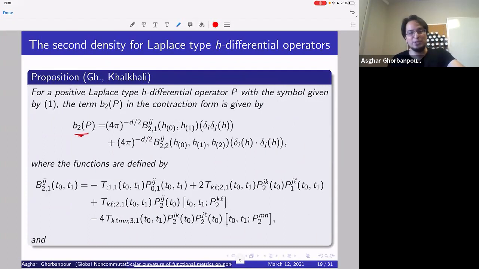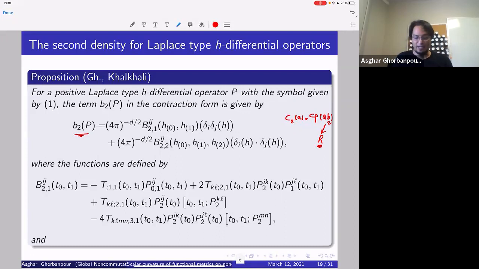So B2, remember that B2 was the second term in the expansion. Remember that phi_A of B2 was like that. So in the classical case, when you use the Laplacian, this is supposed to be the scalar curvature.